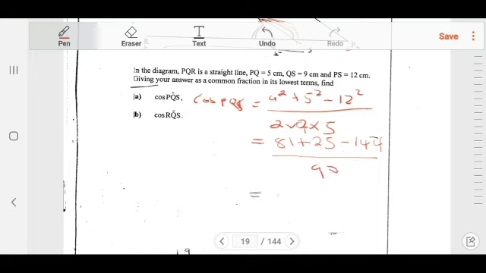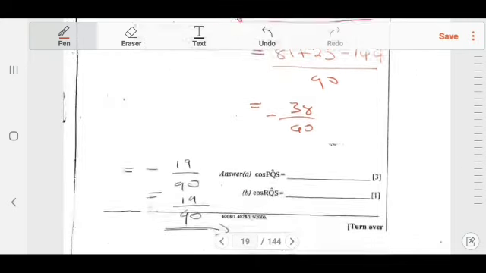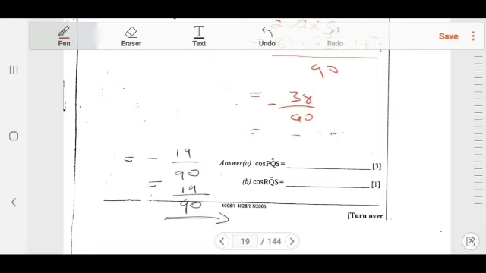So we have 81 plus 25 minus 144, which is -38. So we've got -38 over 90. Okay, so it's going to be negative 19 over 45.